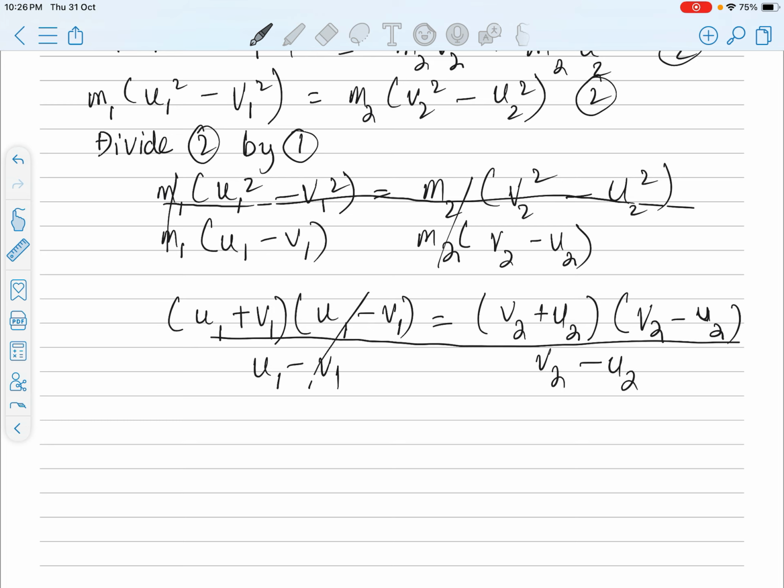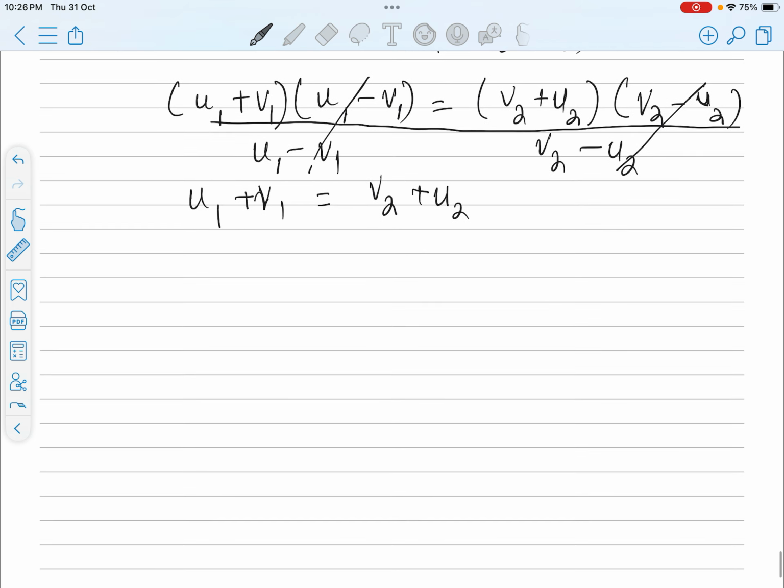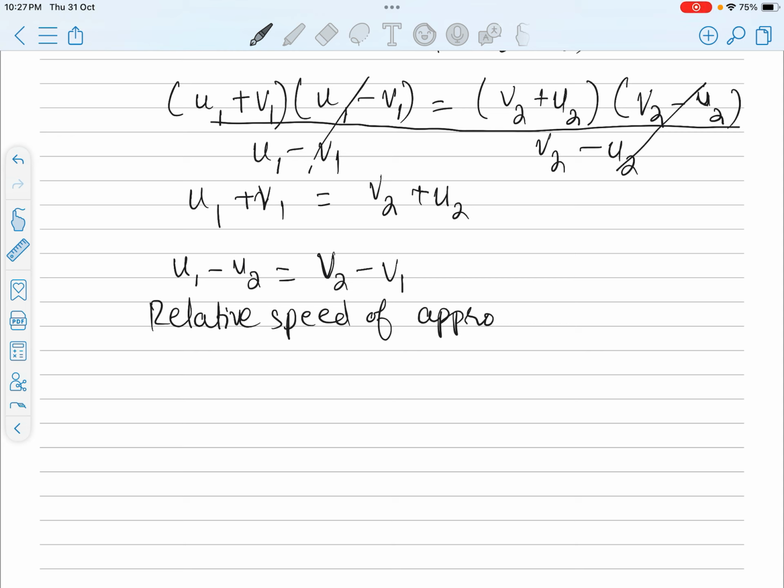So these and these cancel, this and this cancel. u1 plus v1 equals v2 plus u2. You are bringing the u's and the v's on the same side. So this tells us relative speed of approach equals relative speed of separation.